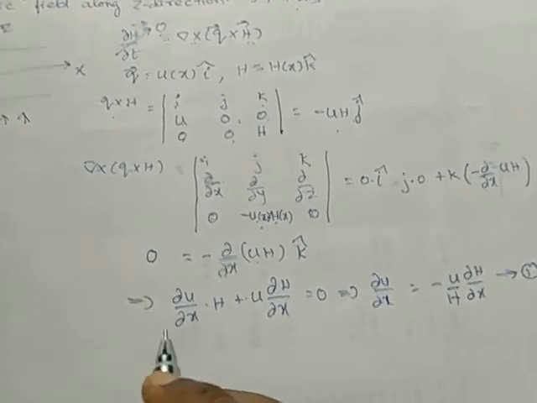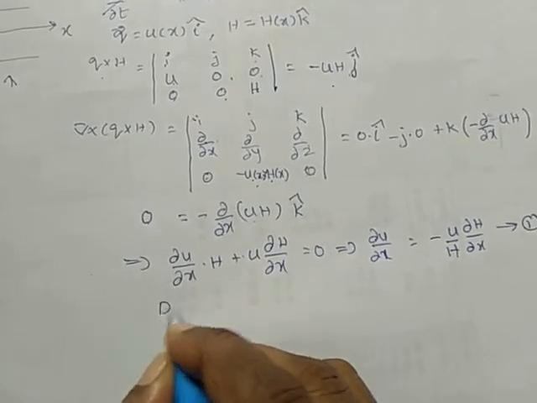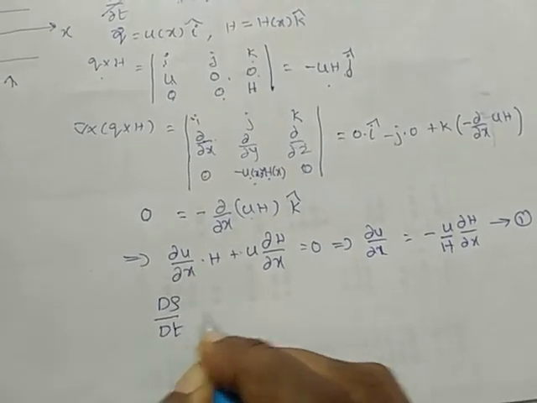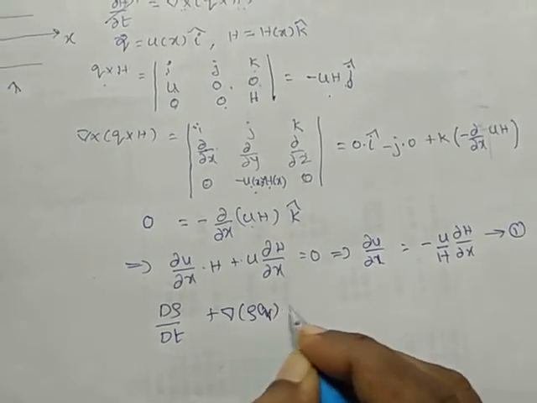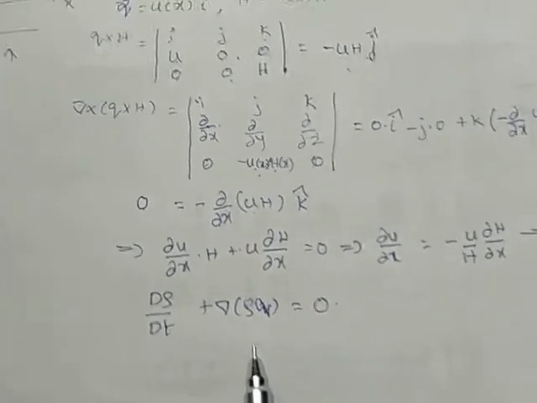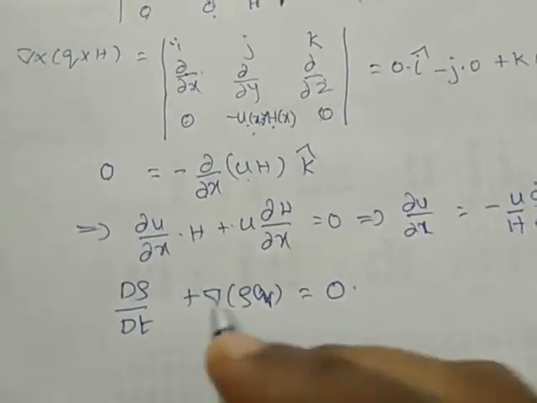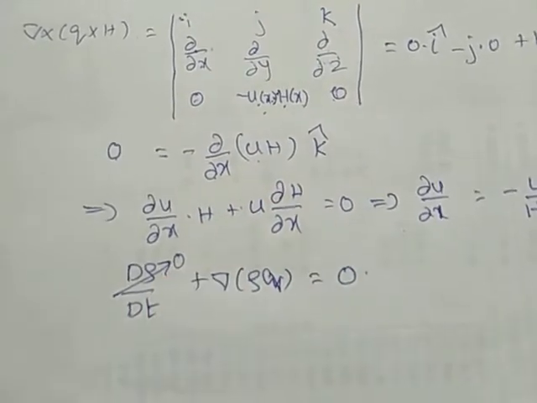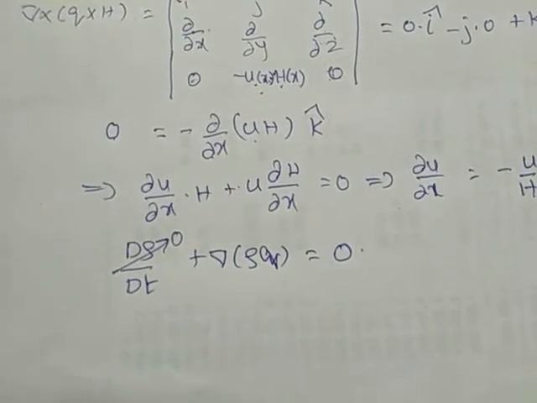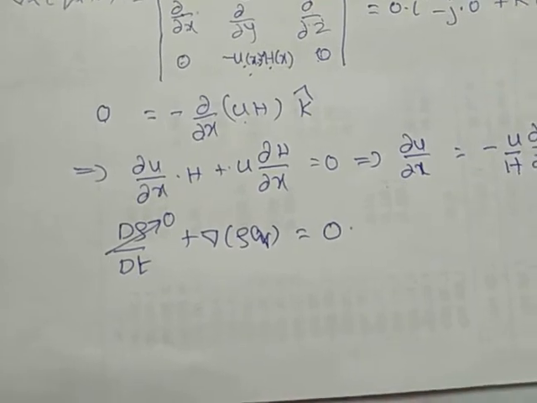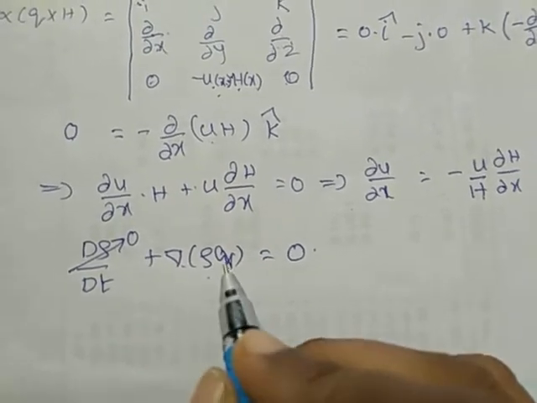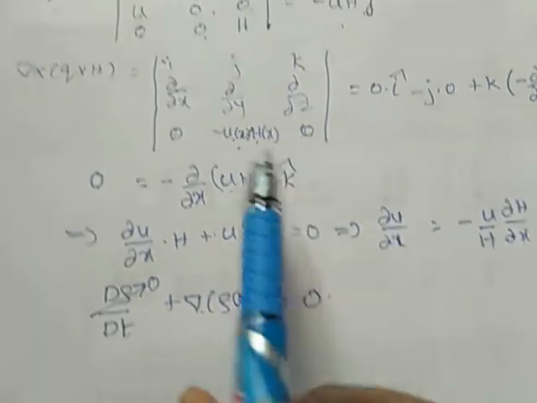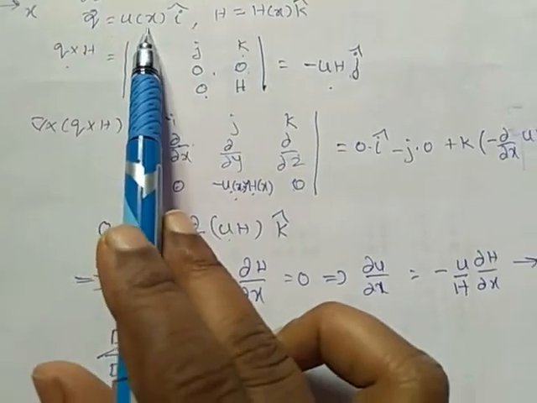Also we have the continuity equation, dou rho by dou t plus del of (rho Q) equal to 0. Again, dou rho by dou t is 0 because the fluid flow is steady. We have del of rho Q, and Q is u i.